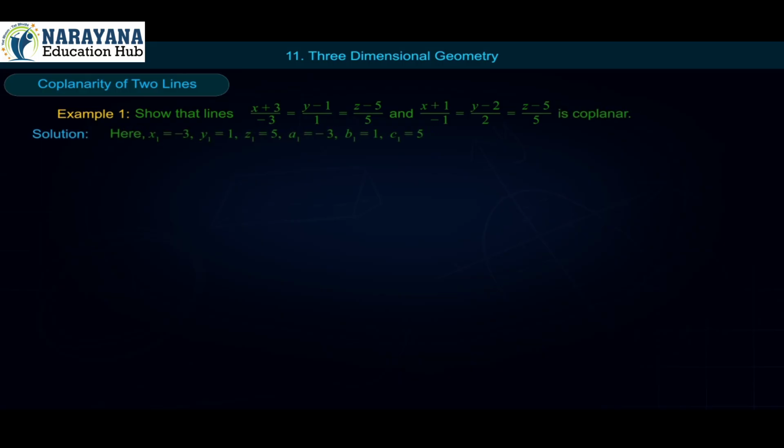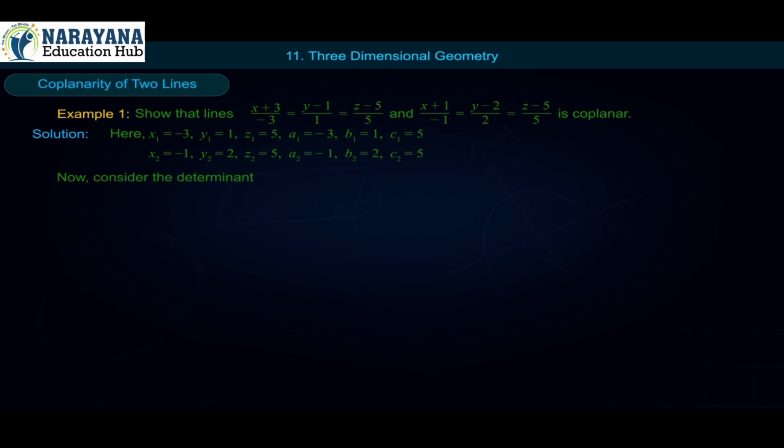Here x1 is equal to minus 3, y1 is equal to 1, z1 is equal to 5, a1 is equal to minus 3, b1 is equal to 1, c1 is equal to 5. x2 is equal to minus 1, y2 is equal to 2, z2 is equal to 5, a2 is equal to minus 1, b2 is equal to 2, c2 is equal to 5.